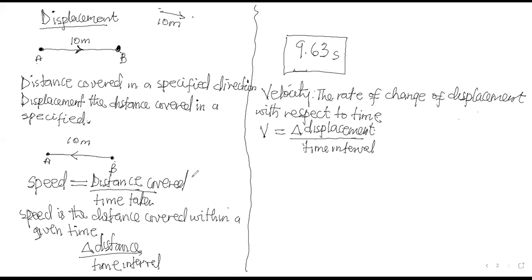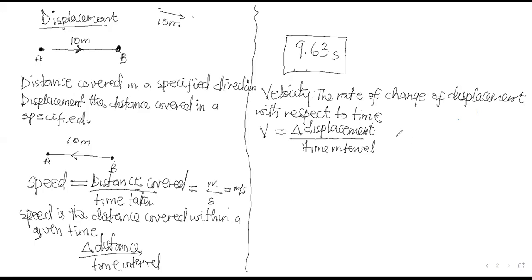Now, the SI unit of distance is the meter. The SI unit of time is the second. So the SI unit of speed is meter per second.